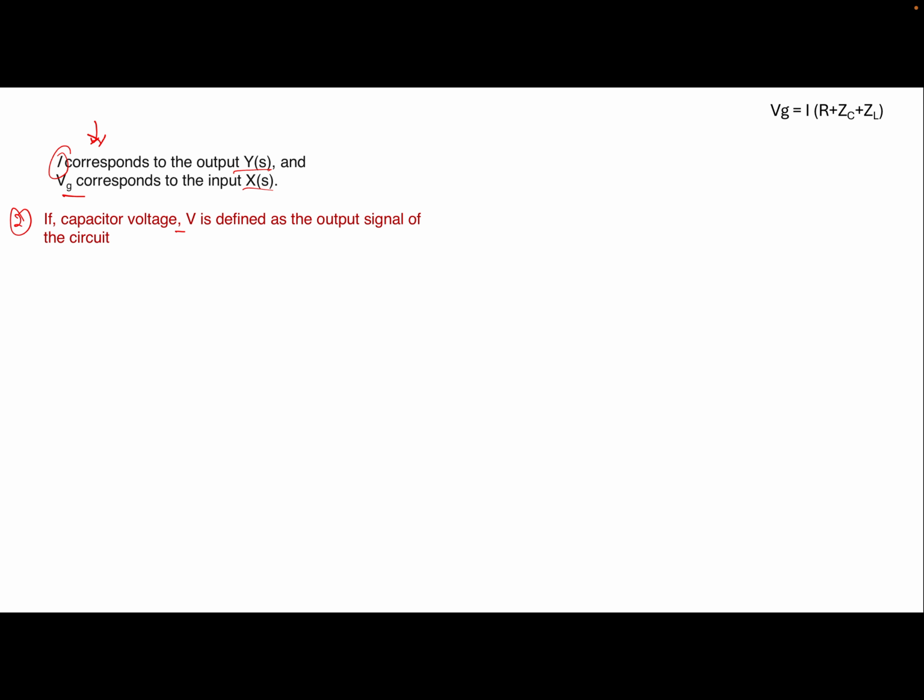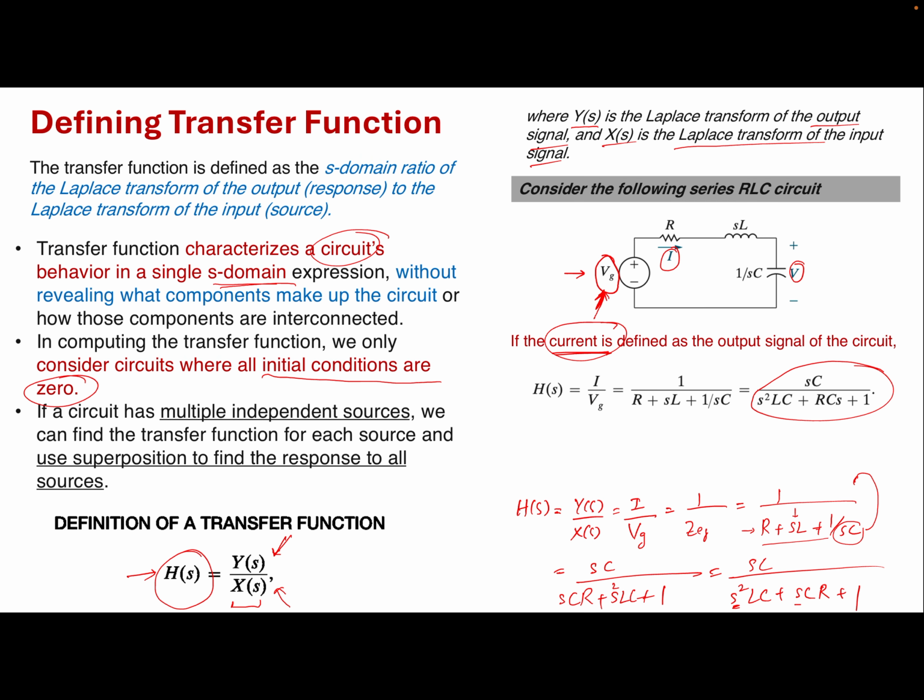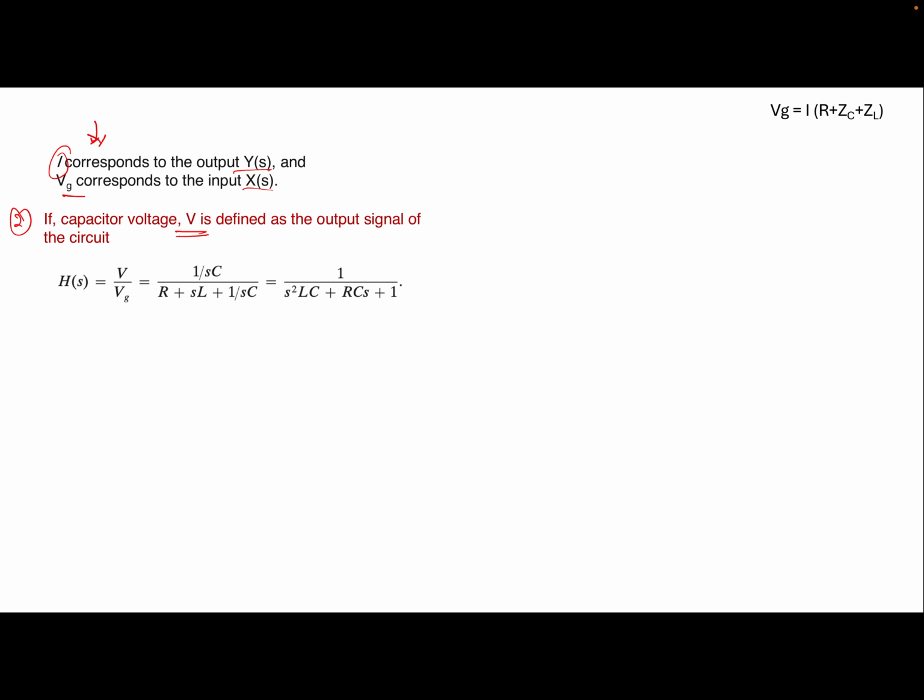Now let's consider the capacitor voltage is the output of the signal, right? So this voltage V is the output of a signal. Okay, so now if I were to do this, then again my H of S is Y of S divided by X of S. Y of S is capital V, X of S is VG, right?